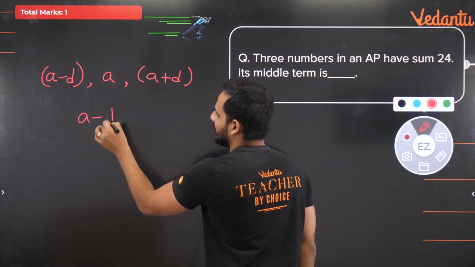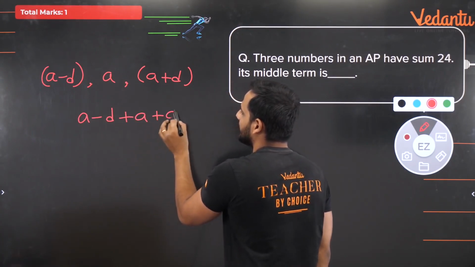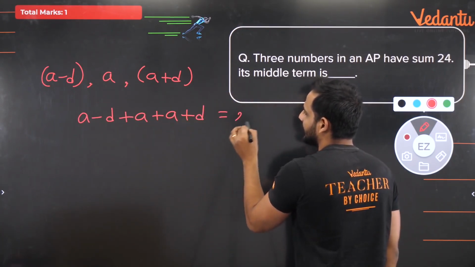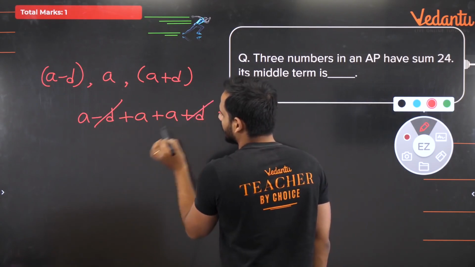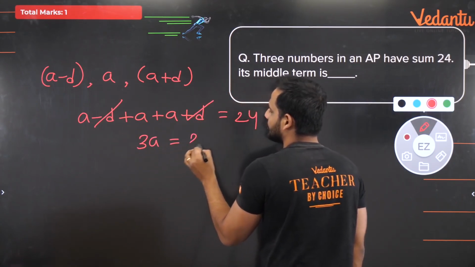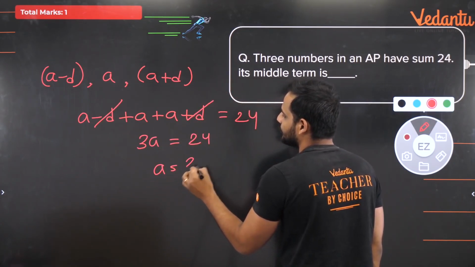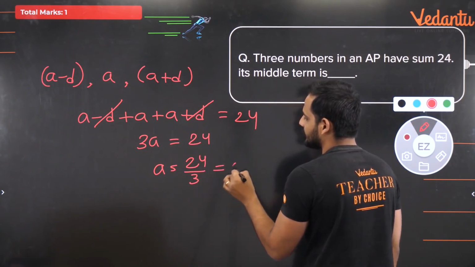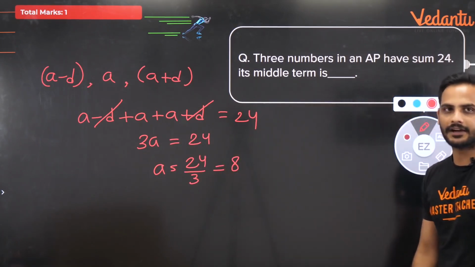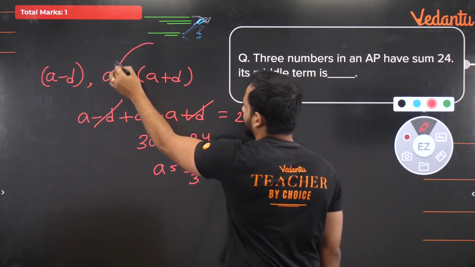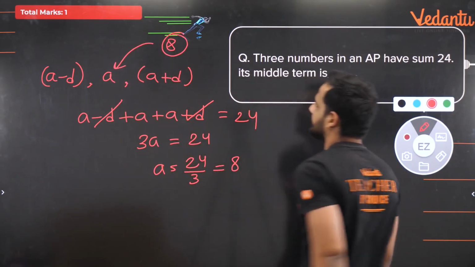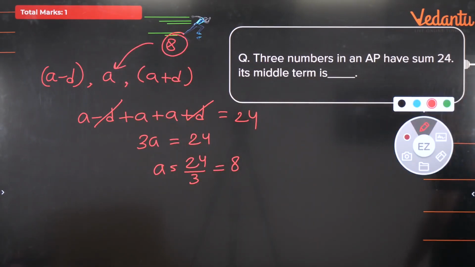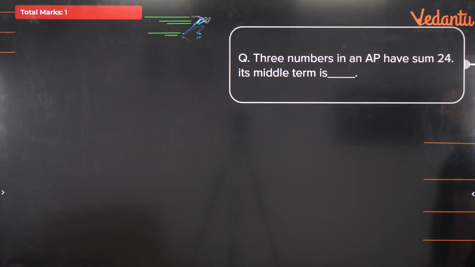So a minus d plus a plus a plus d is 24. Minus d plus d got cancelled. 3a is equal to 24. So a is equal to 24 by 3, which means 8. So the middle term is going to be 8. Right? This is how we can solve this question.